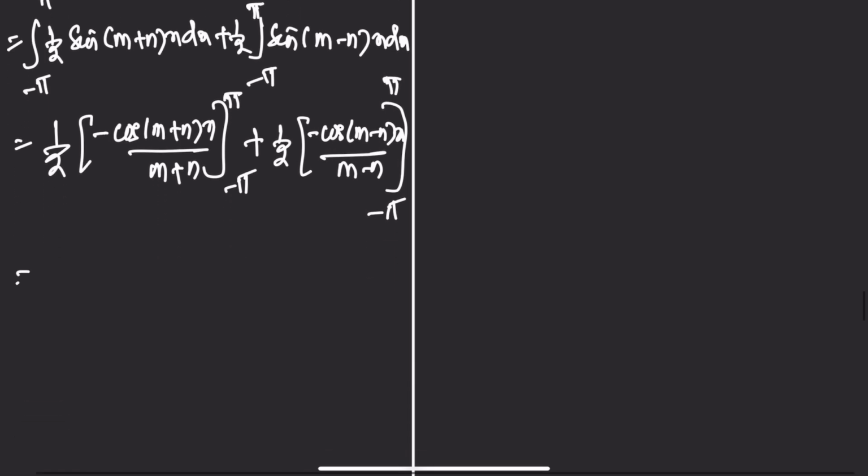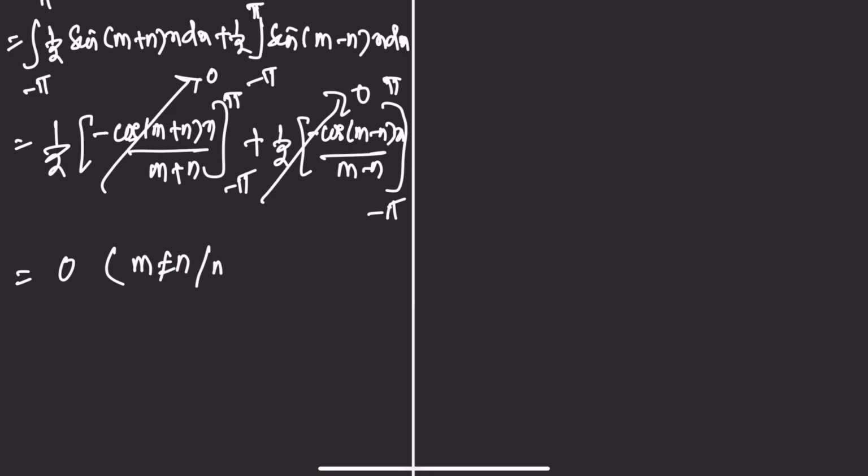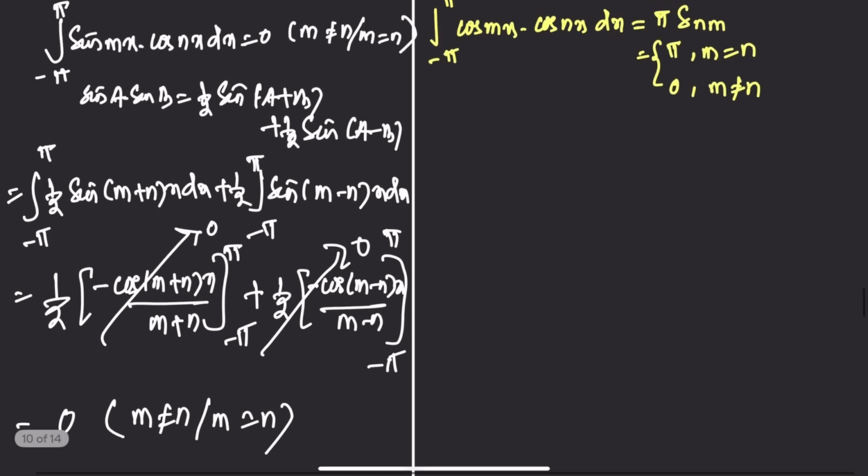Here both the first term and the second term become 0 after putting the upper limit and lower limit, so the result becomes 0. This is for both the conditions m not equal to n and m equals n.